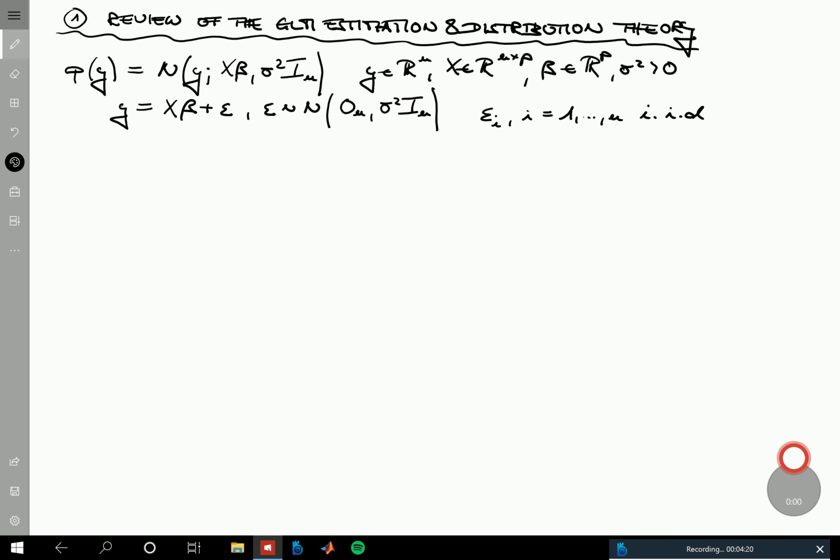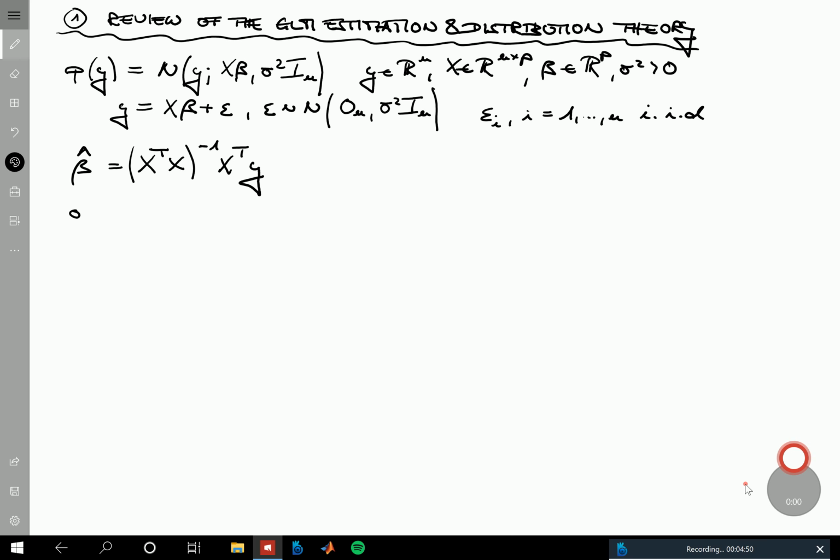Now, to estimate parameters, we have seen that by means of ordinary least squares or maximum likelihood, we can estimate the parameters as follows. For beta, we have the ordinary least squares estimator given as a function of the design matrix and the data.